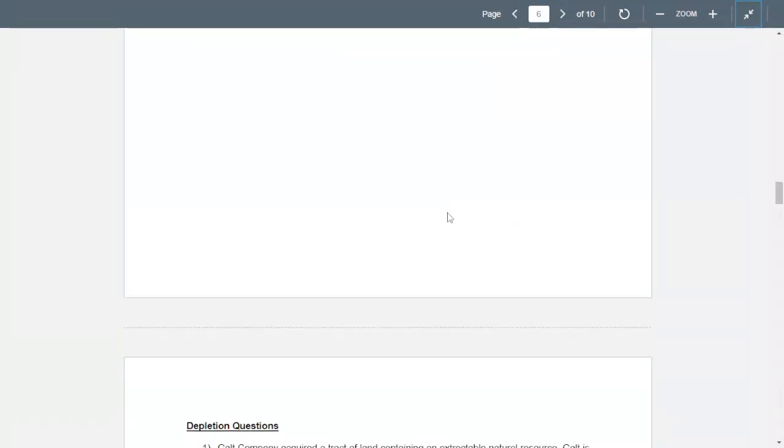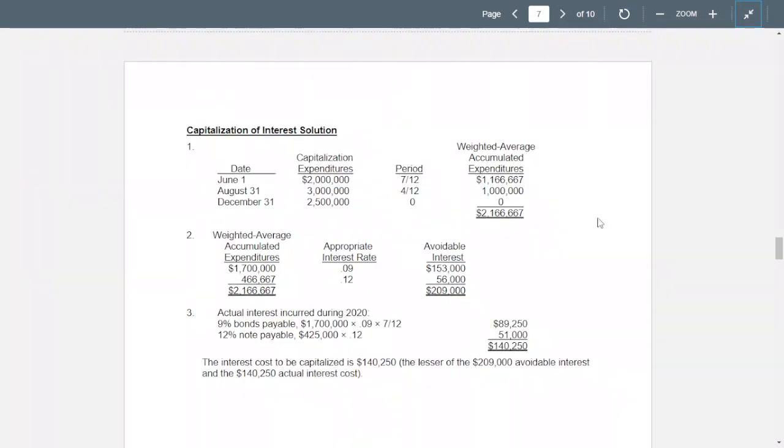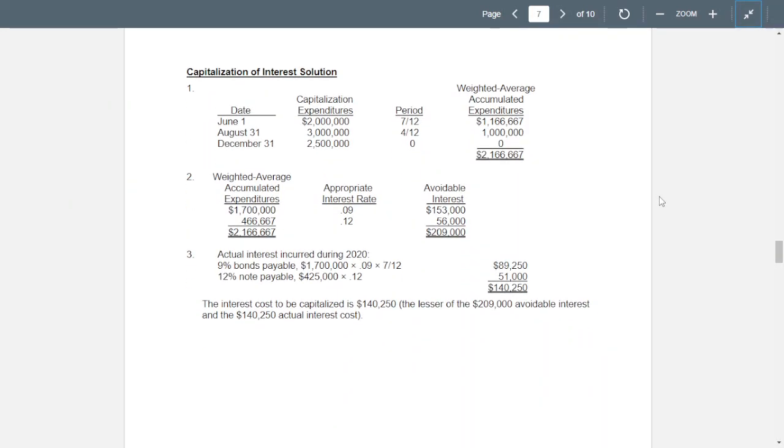Wait, so he has the problems and then he has the solutions down here. So 1.7 times the interest rate. And then the 466,667, he didn't include the calculation for this number, but it's this number minus 1.7 million to get this.